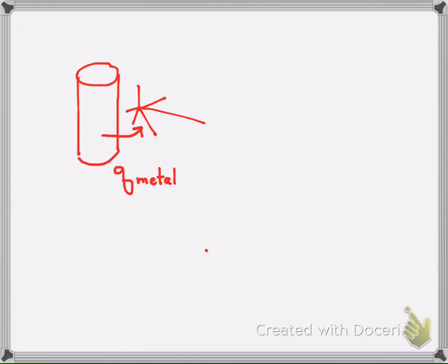And then there's a Q for his hand. So the Q for the metal plus the Q for his hand.